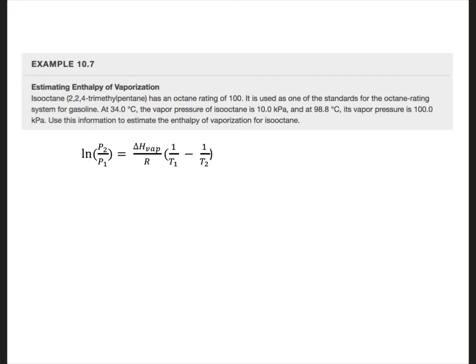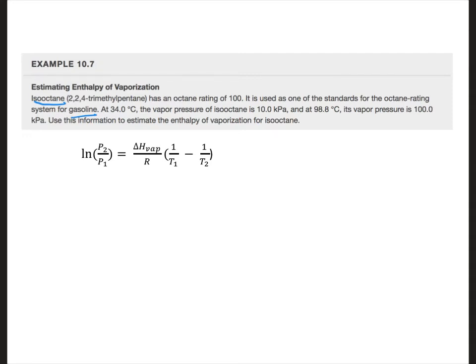So a typical problem that uses this equation is something like this from your textbook, where they want you to come up with the enthalpy of vaporization. They're not interested in you calculating the pressure. They want to know what is the enthalpy of vaporization for this compound. So isooctane is something that goes into gasoline. We know that it has an appreciable vapor pressure because gasoline is one of the things we talked about evaporating pretty quickly.